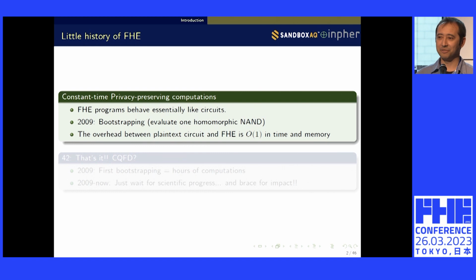At the beginning of FHE, FHE is like running a program, where you don't have any feedback on the computation you are doing while you are doing the computation. So in some sense, we can say that it really behaves like circuits.